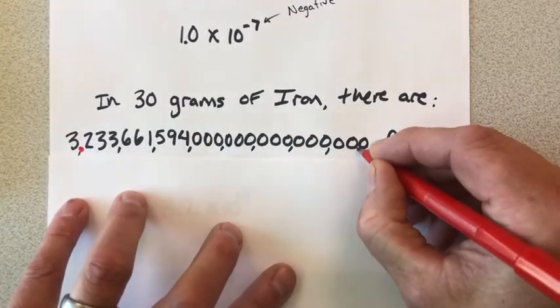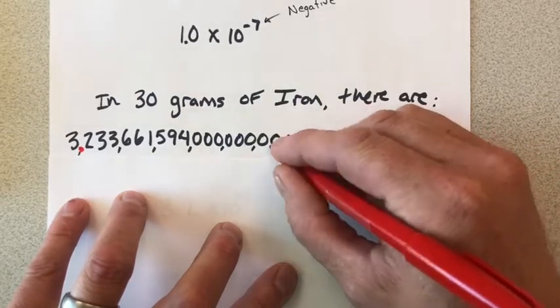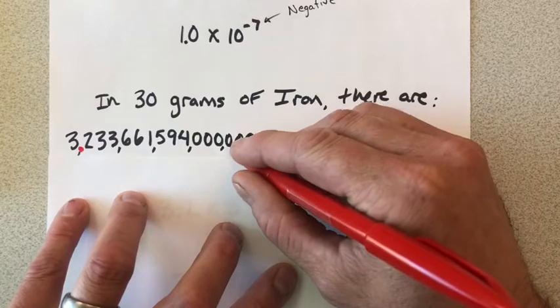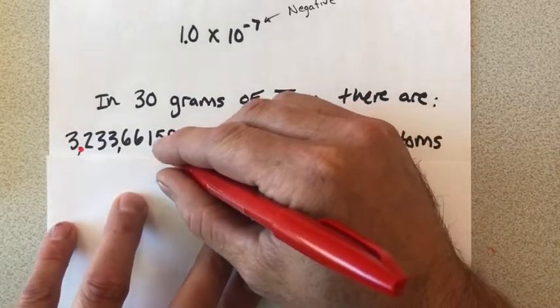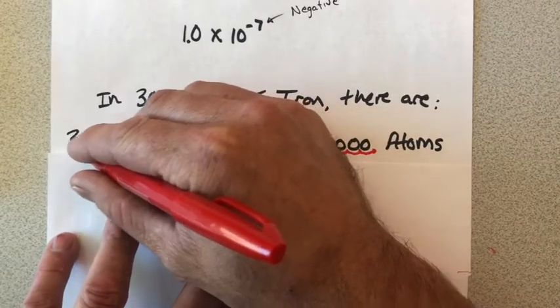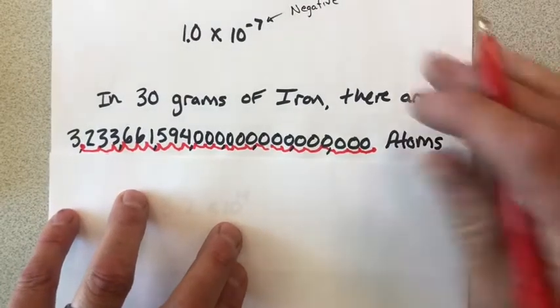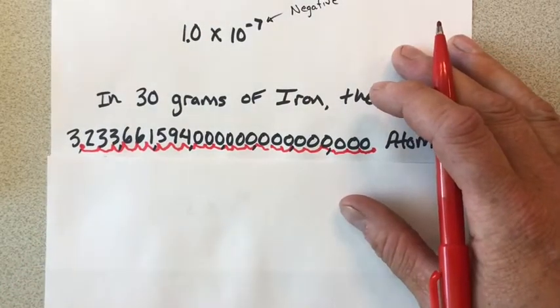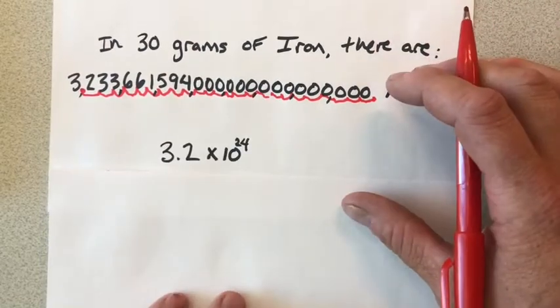You just bounce 1, 2, 3, 4, 5, 6, 7, 8, 9, 10, 11, 12, 13, 14, 15, 16, 17, 18, 19, 20, 21, 22, 23, 24 places. So we've moved the decimal place 24 places to put this number into standard scientific notation, and that means that it looks like this.